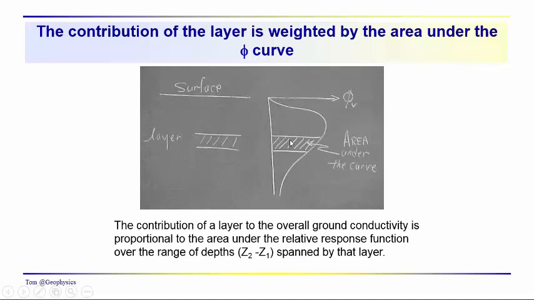Its contribution would be proportional to this area under the curve between Z1 and Z2. Remember, that's R1 minus R2.